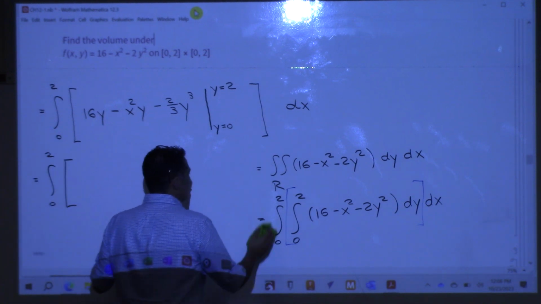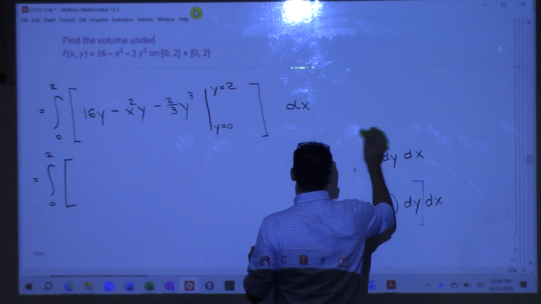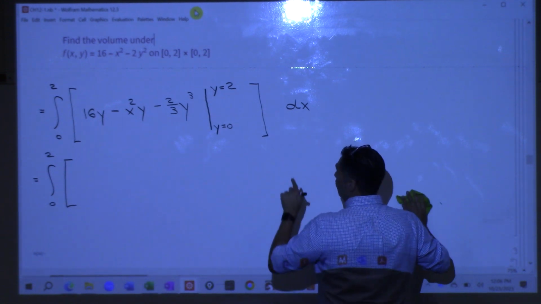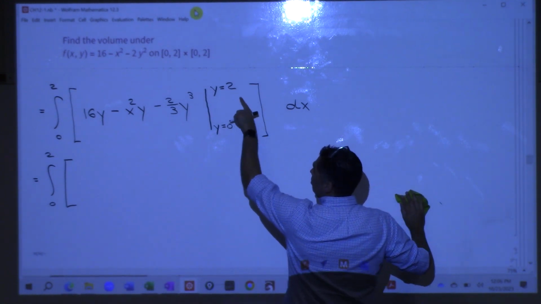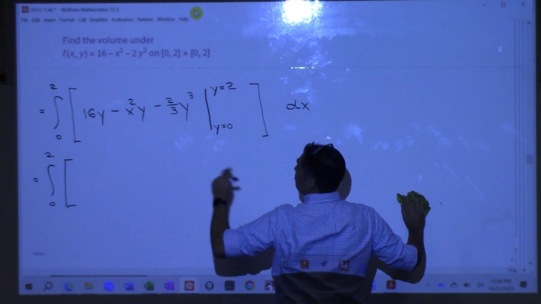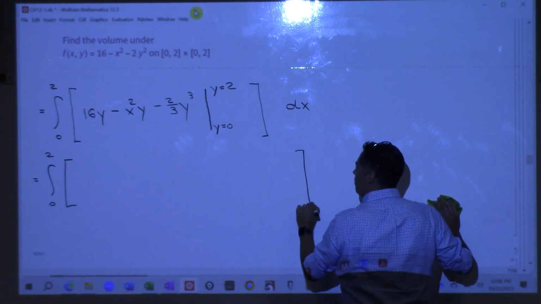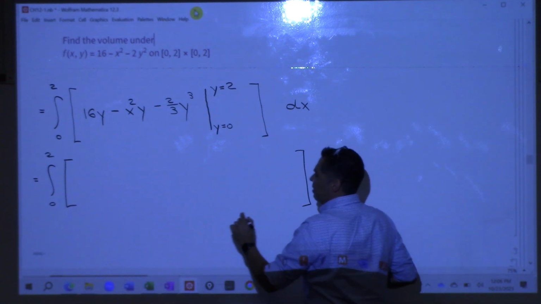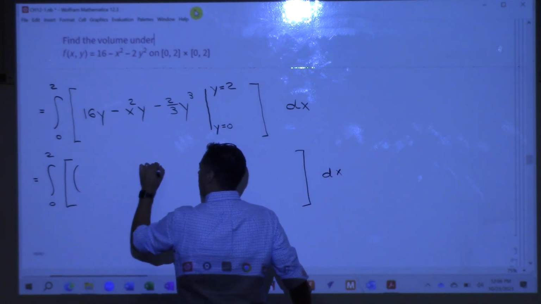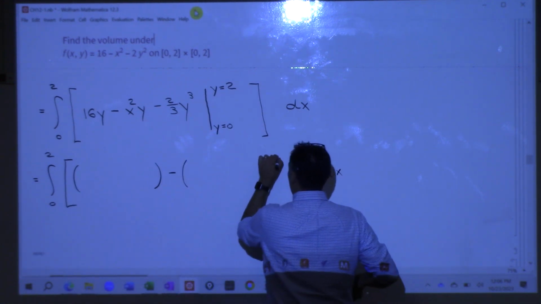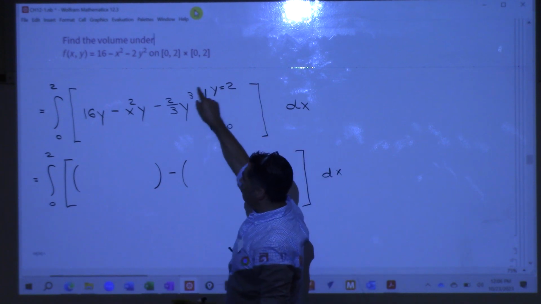Okay, now the fundamental theorem of calculus, right? I actually plug in what first? 2 into that for y, and then I subtract from that what I get when I plug in 0 for y, right? Okay, I'm going to give myself plenty of room. I know I don't need this much room, but just again to illustrate, fundamental theorem, I'm plugging in 2 values, right? First, y equals 2 goes in here.